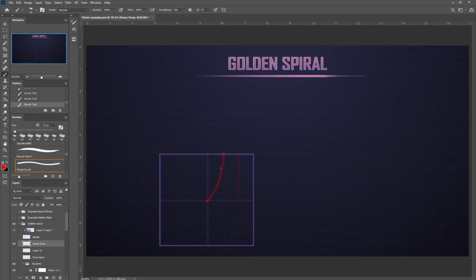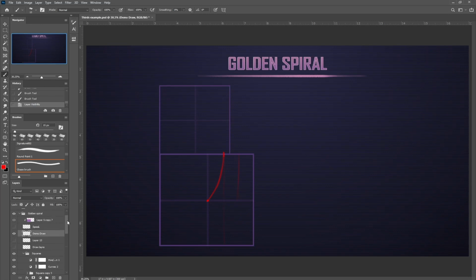And if we repeat this all the way around to our next square, draw another point in the middle of this square, and a line on this third here.